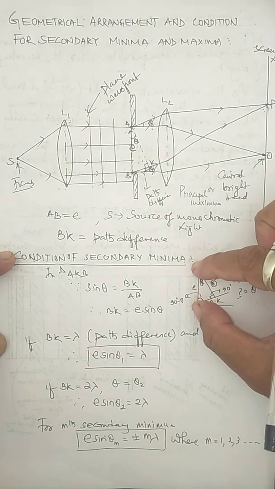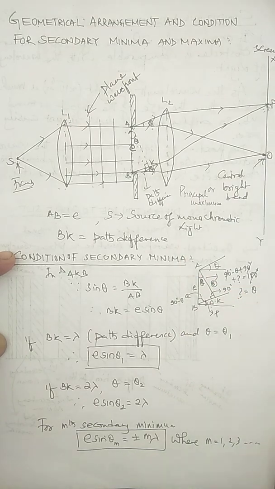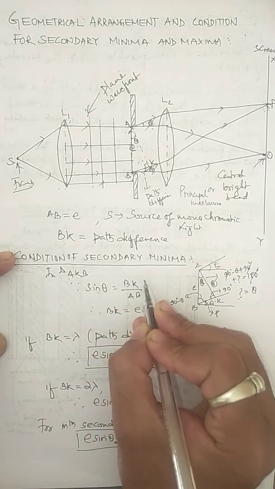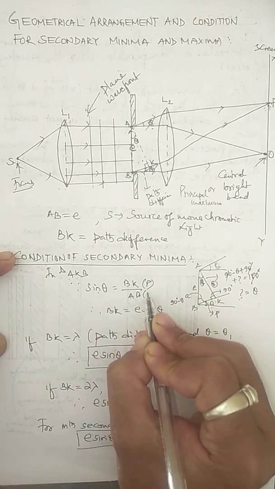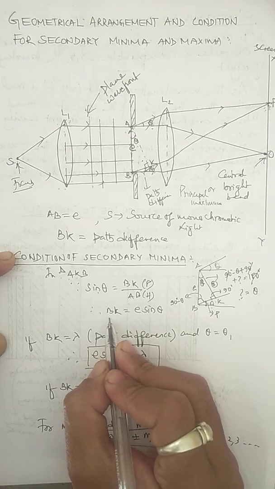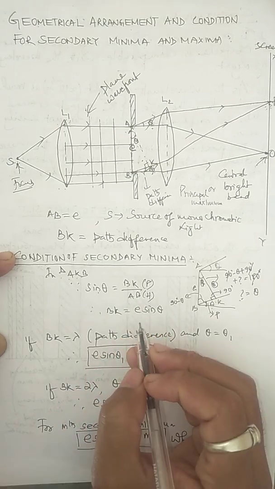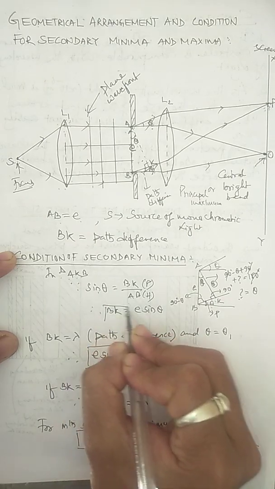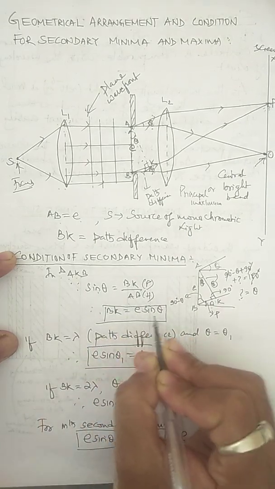We know perpendicular divided by hypotenuse is sin theta. So in triangle AKB, sin theta equals BK by AB, so if you cross multiply, BK equals AB sin theta. But what is AB? E. That's why I have written BK equals E sin theta.